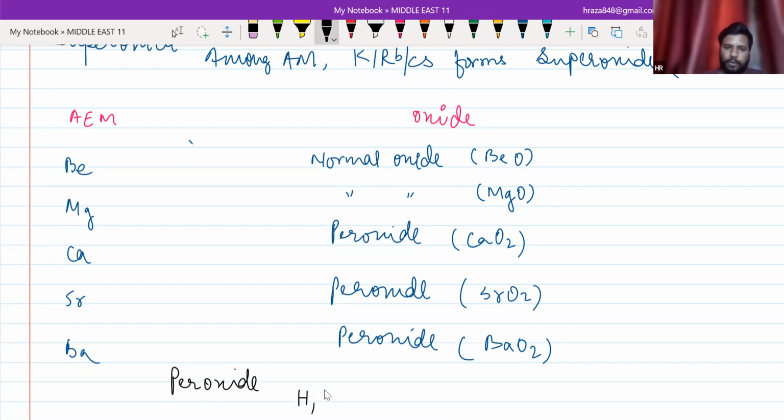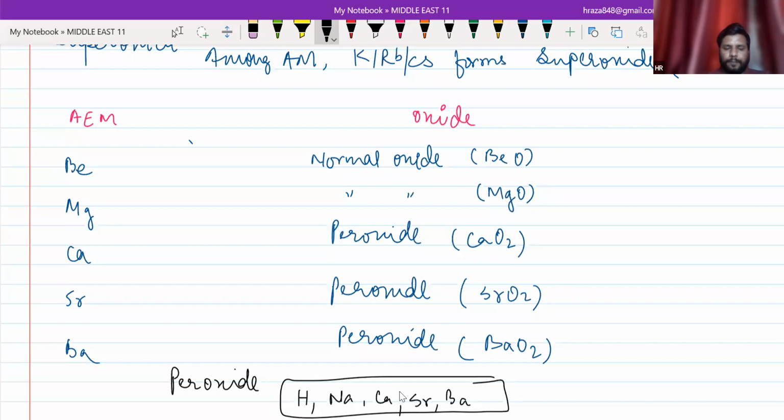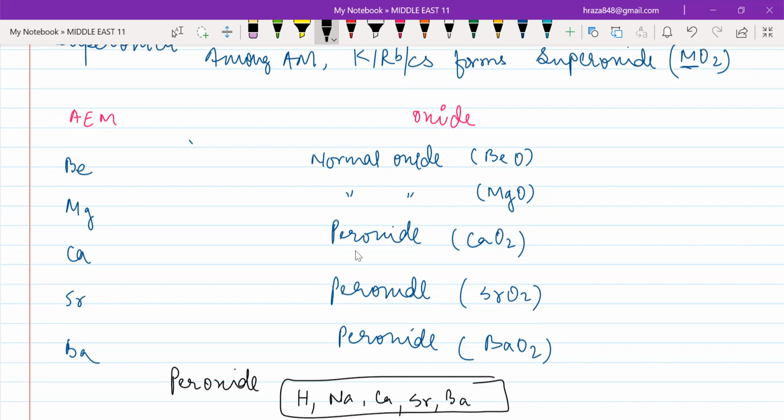You know hydrogen peroxide, sodium, and then calcium, strontium, and also barium. These all form peroxide easily. Done? Done, sir. Very good.